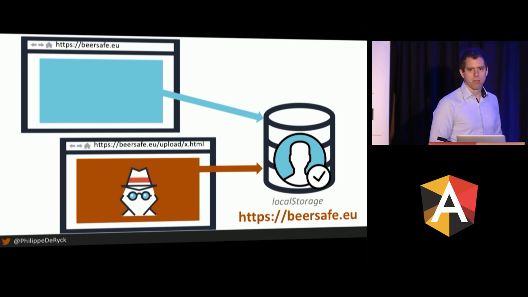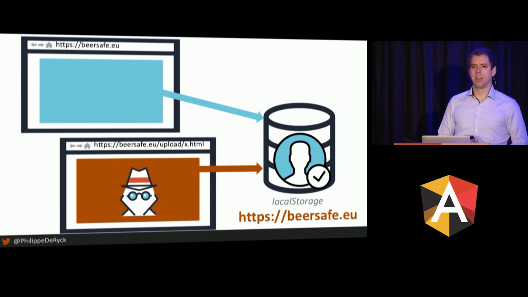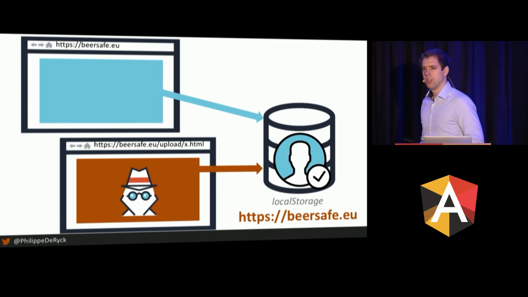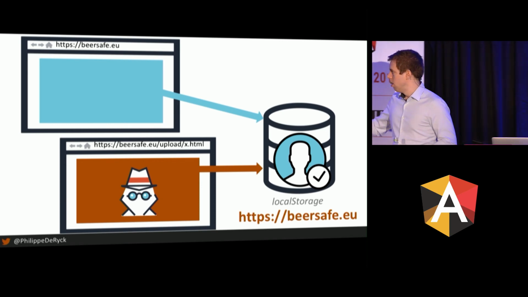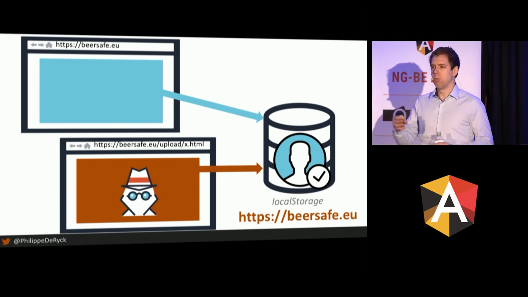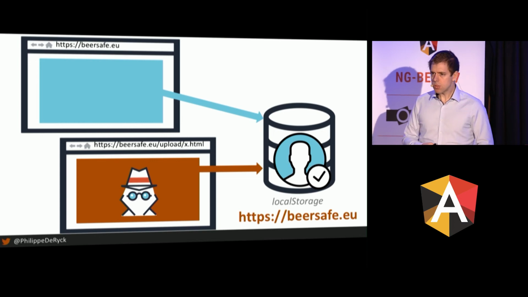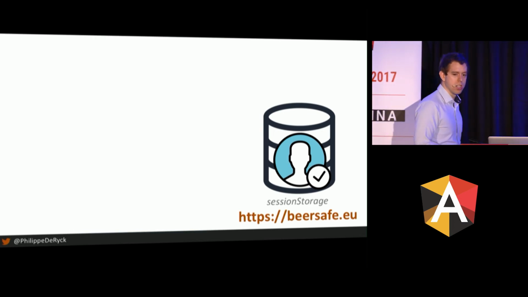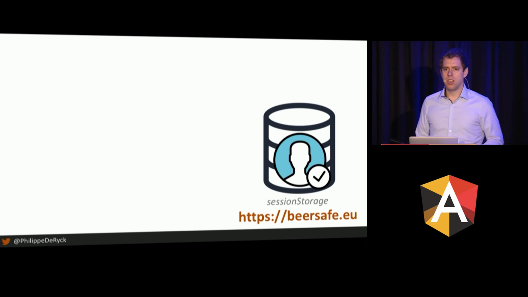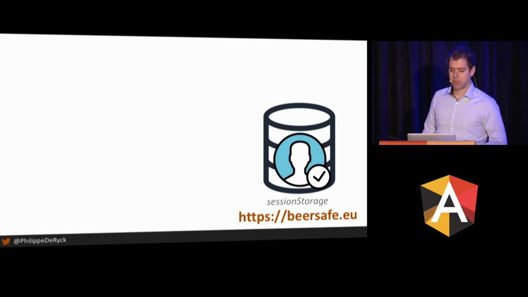So one of the drawbacks of storing sensitive information there is that anyone who runs code within your origin can read that. By the way, this is an attack scenario. If you run multiple applications within the same origin, then they all share the same local storage area. So they all have access to each other's data, which is maybe not what you want.